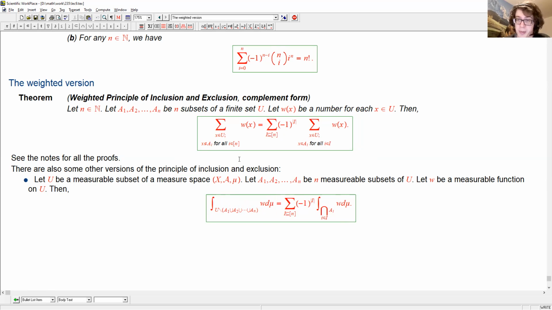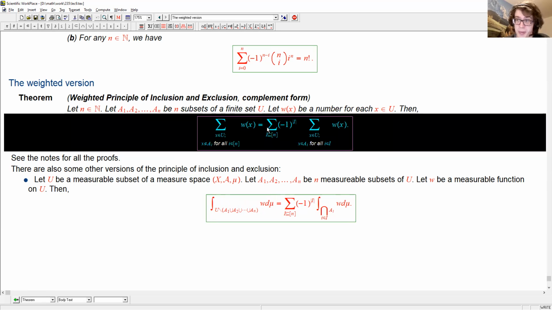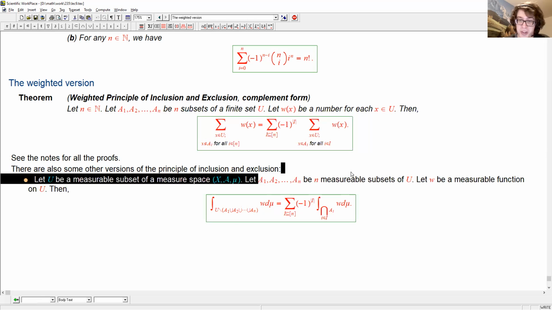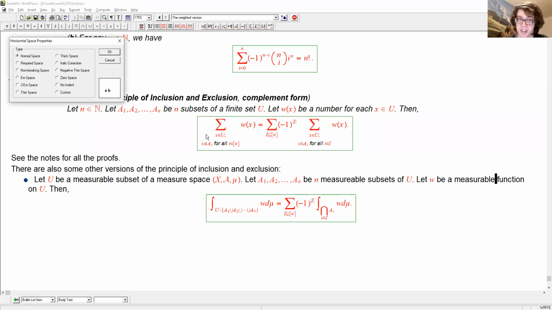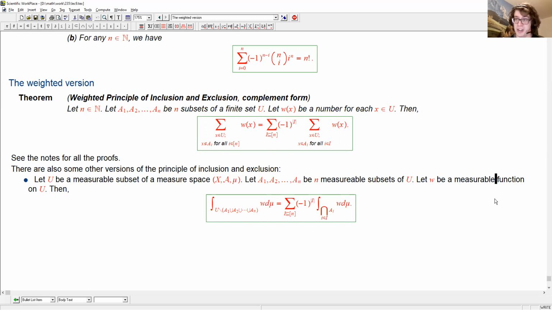This looks complicated, but really it is exactly this statement, except I've replaced the sums by integrals. And this measurable condition, measurable function, is just saying the integrals are well defined. You cannot just integrate some random function, but generally everything useful in life you can integrate. And then the theorem is true.